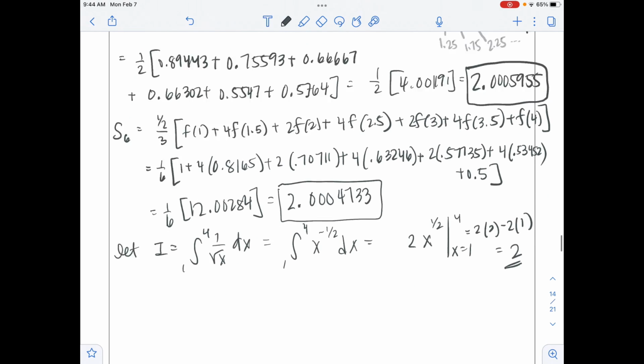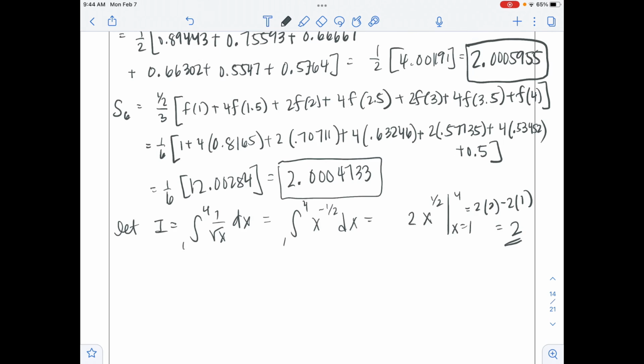To look at the errors, which is what it wants us to also do, we find the error at the midpoint. We're going to take I minus what we got using the midpoint rule. So we have 2 minus 2.0005955, and we get negative 0.0005955.